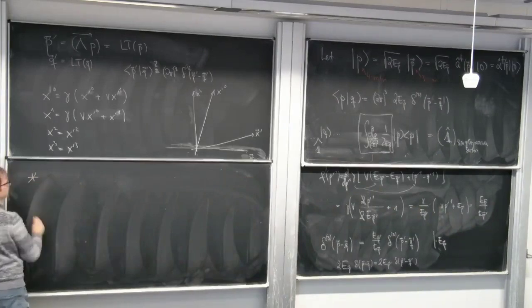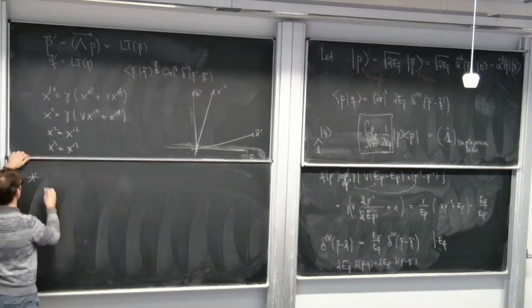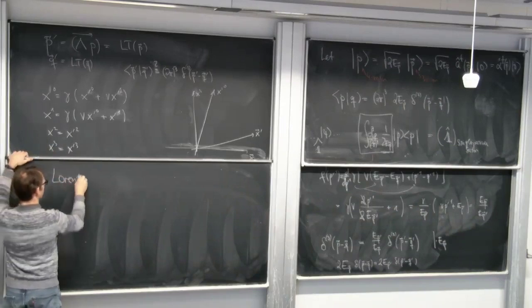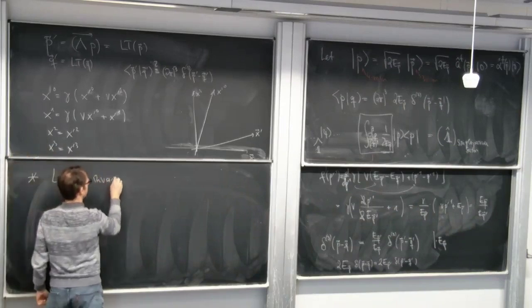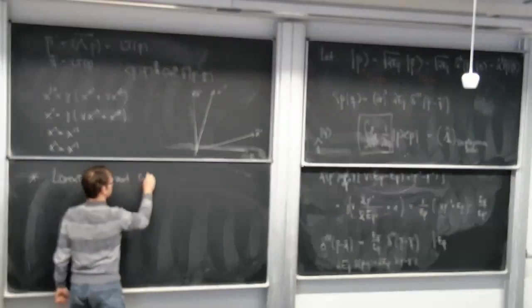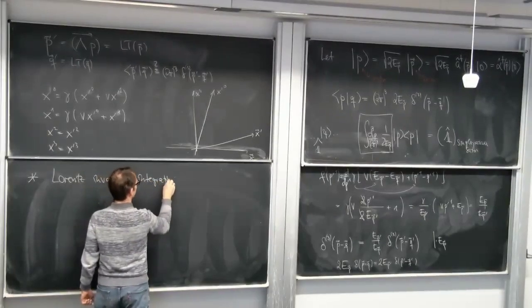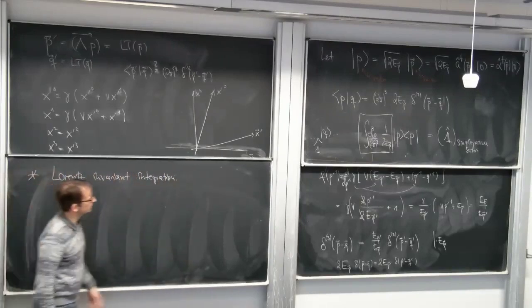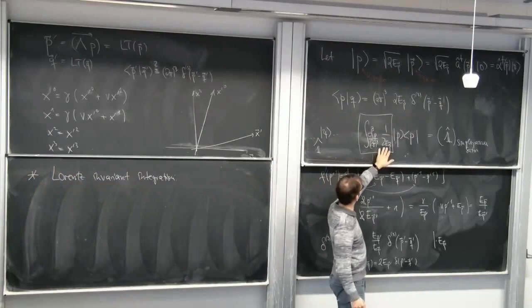So this is the next topic. This was the normalization of the states, and now this is Lorentz invariant integration. And the claim is that with this extra 1 over E, 1 over 2E, the 2 doesn't matter, 1 over E, this is invariant.